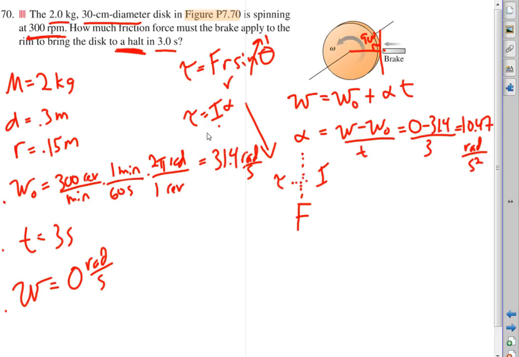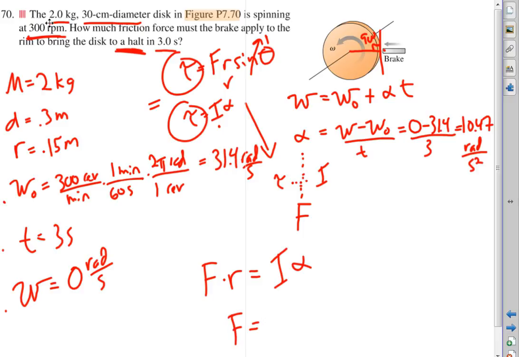So if you just manipulate that slightly, you get this. Now we're going to say, well, this torque must equal that torque. Those things are the same. So therefore, F times R must equal I times alpha. If we divide both sides by R, we end up with I alpha over R is equal to our force.